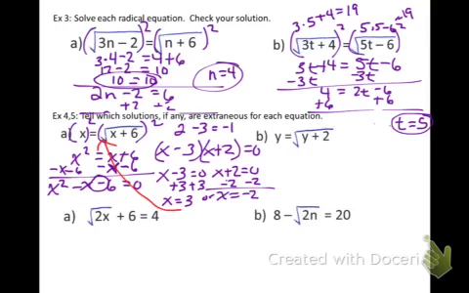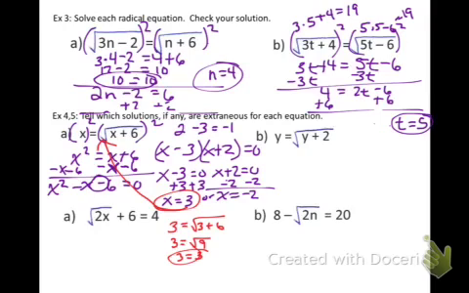So you plug it in. 3 equals square root of x plus 6. x is 3, so you need to plug it into both. So 3 equals square root of 9, and so 3 equals 3.